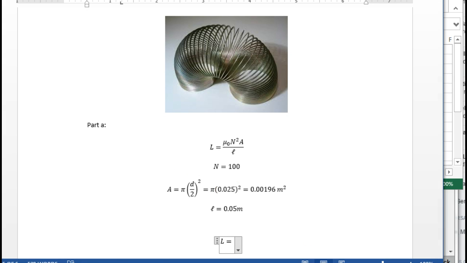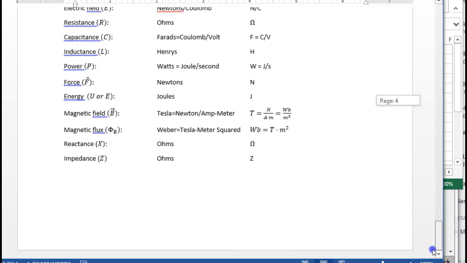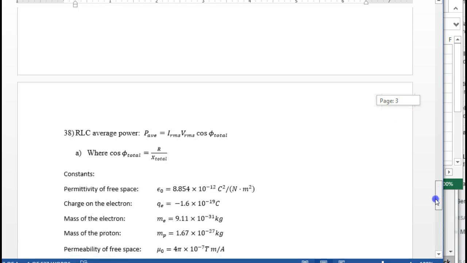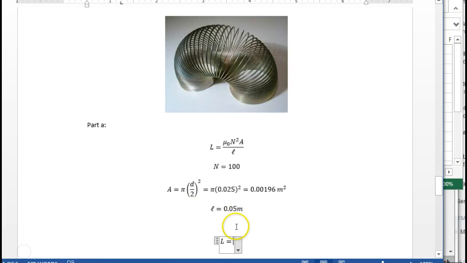Let me go grab mu naught from the equation sheet. Make my life a little easier with some parentheses. 100 squared.